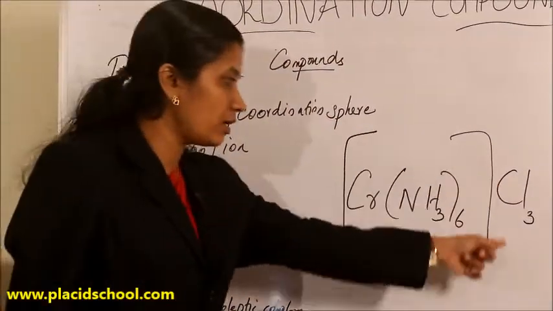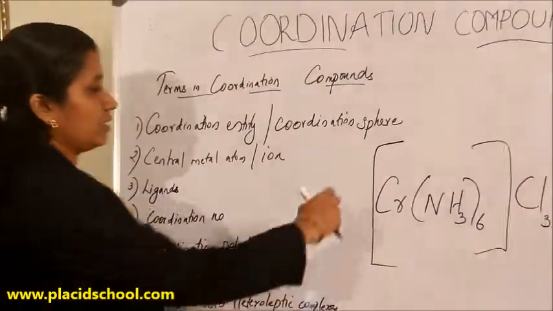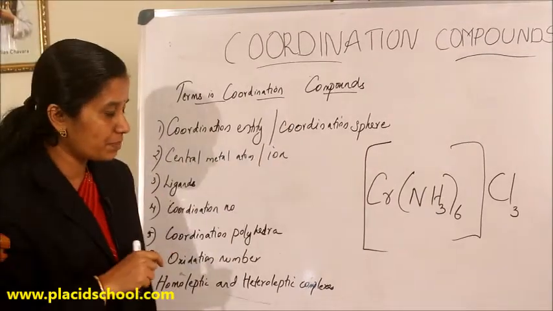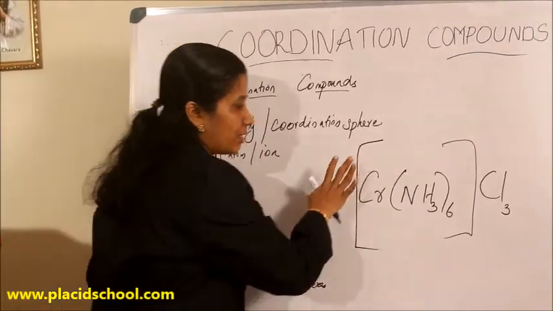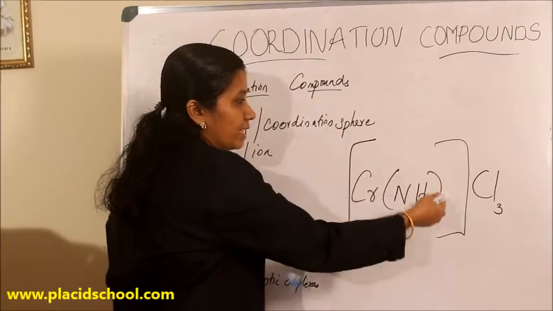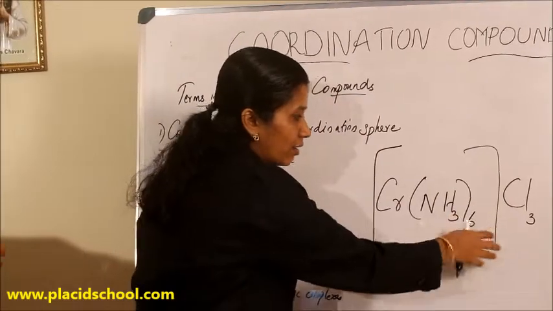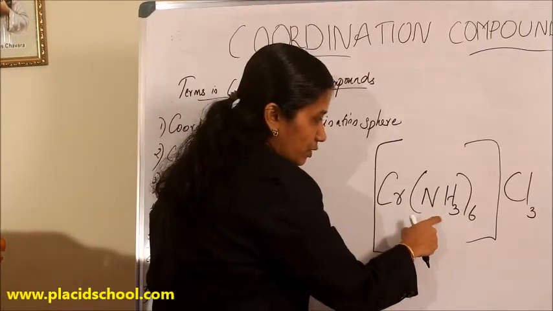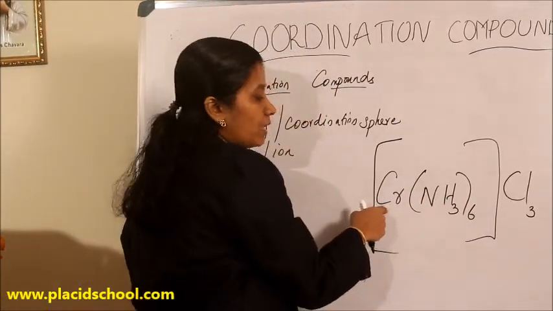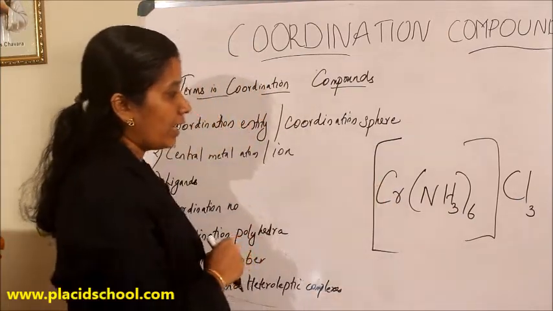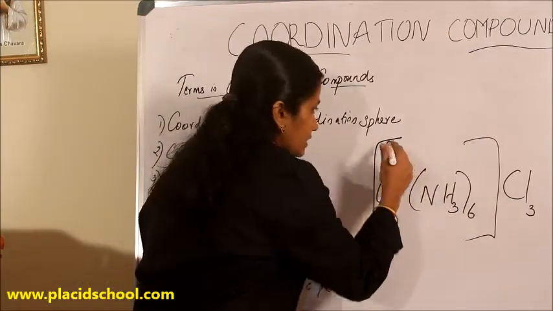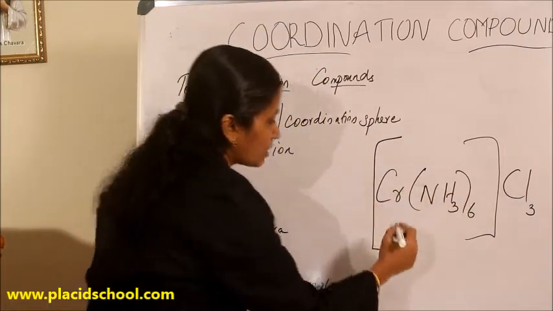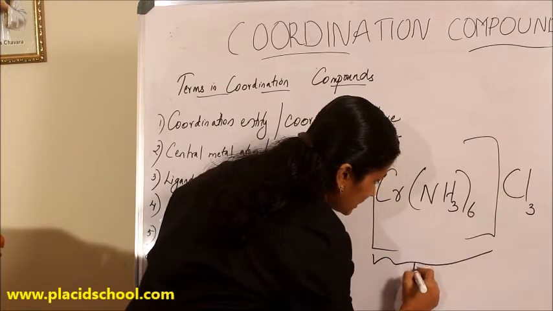if we consider this coordination compound, the first term, the coordination entity or coordination sphere, means the particles or species present inside the coordination sphere. So here 6 NH3 molecules are attached to this chromium metal atom or ion, and this entire species inside the square bracket is called the coordination entity.